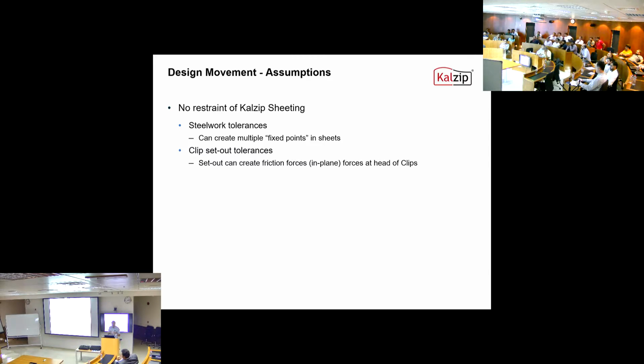Because if we create unwanted fixed points, you can have problems with sheets tearing at wells, the seams popping through the sheets, and also we have tolerances for clip installation. If a clip is installed out of tolerance, that can cause issues with the thermal movement and expansion of the sheets.